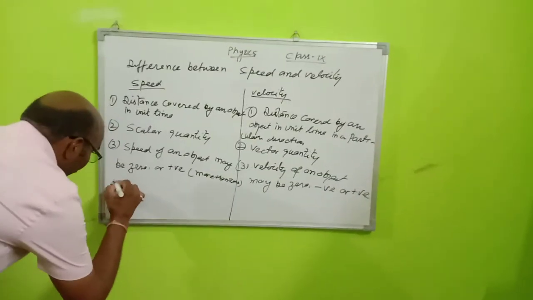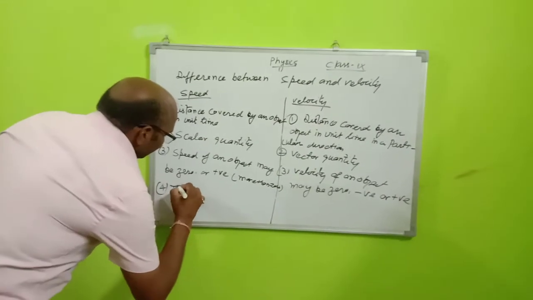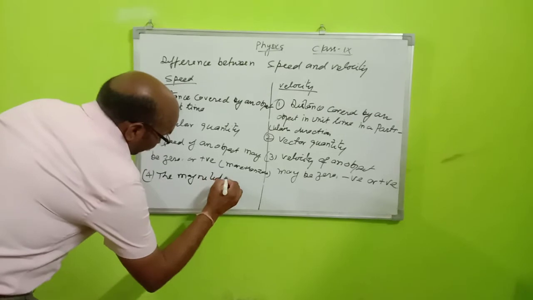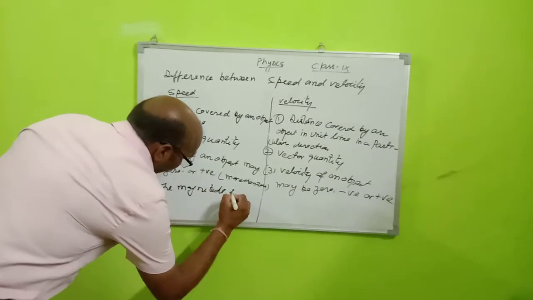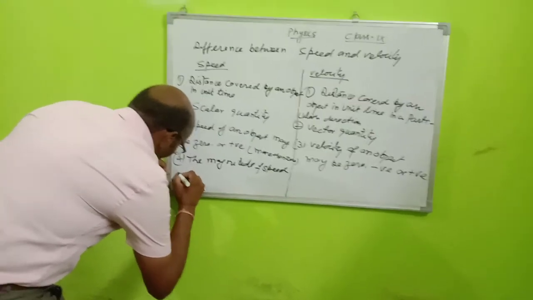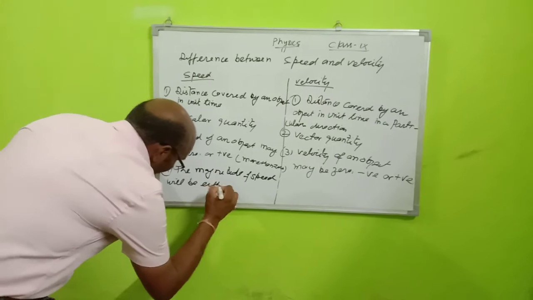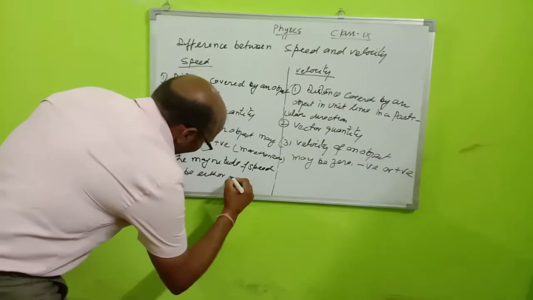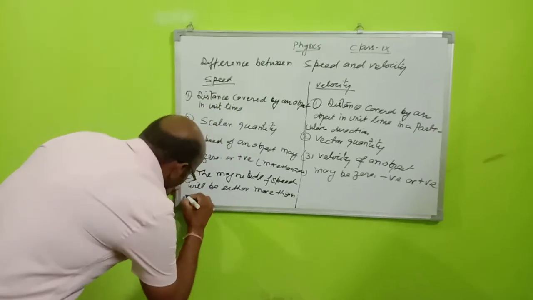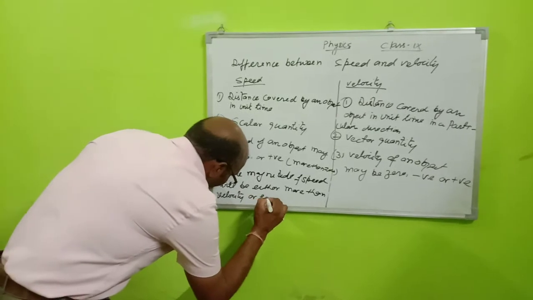Difference: the magnitude of speed will be either more than velocity or equal to velocity.